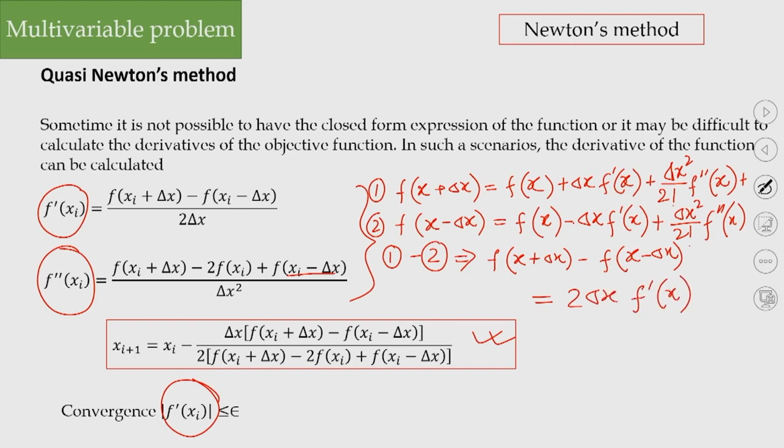The third term again cancels out, and I am not considering the higher order derivatives. So from here I can write that the first derivative at x equals f(x + delta x) minus f(x - delta x), divided by twice delta x. So I got this first derivative.